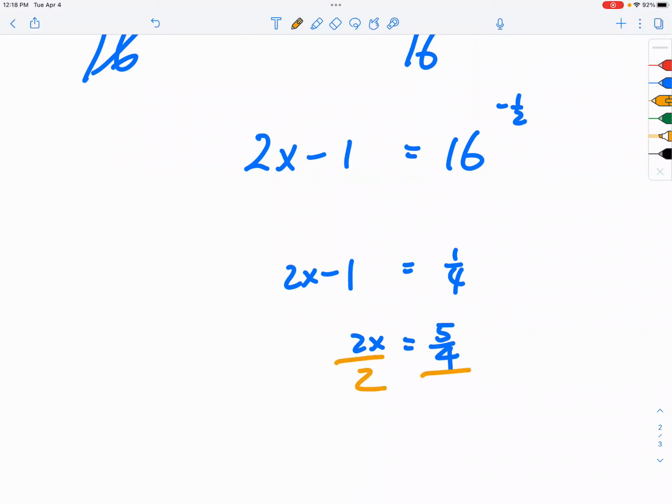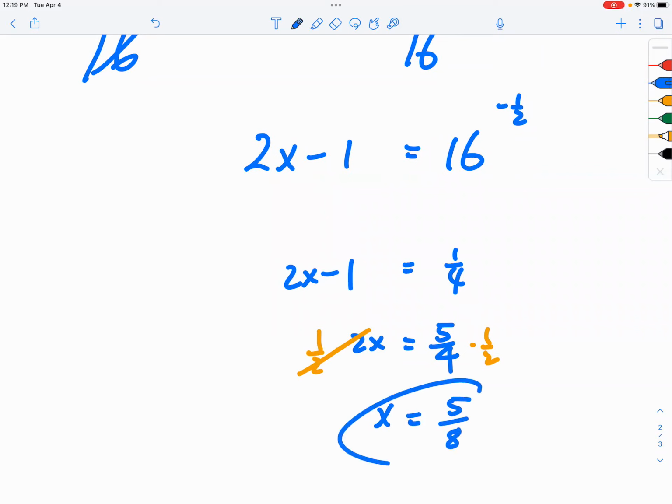And they would do this, and now they're stuck because you have a complex fraction on the right-hand side. And they are really stuck. So what's another way to say divided by 2? Multiply by 1/2. So this will be a lot easier for you to handle because now you're saying x is equal to 5/8. That's it. Okay, 5/8.